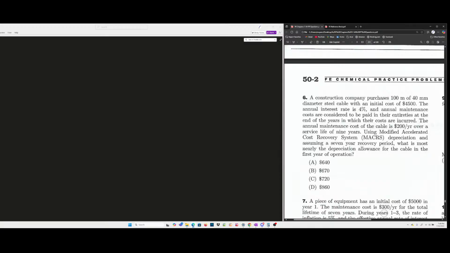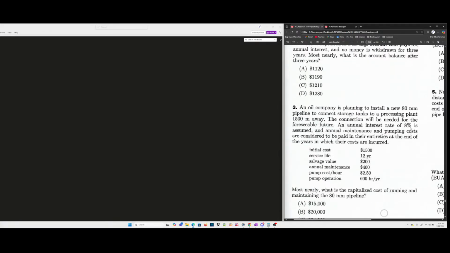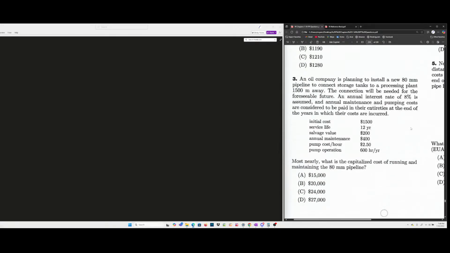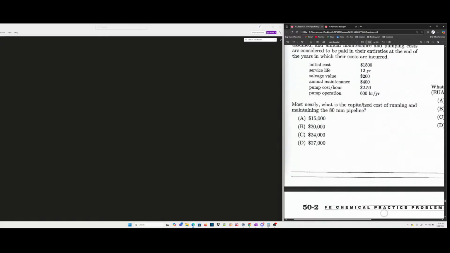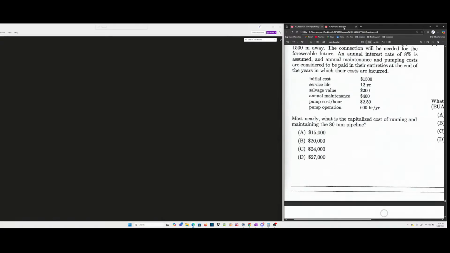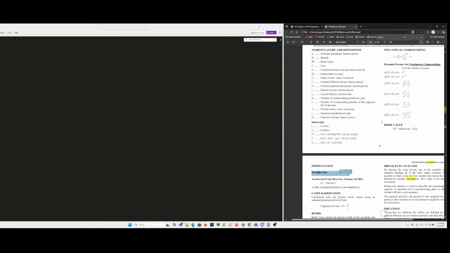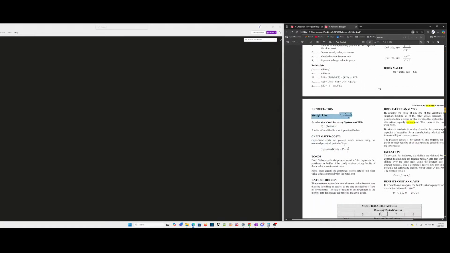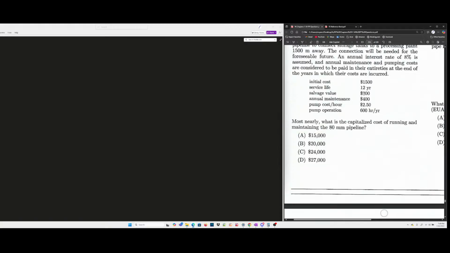This time, let me see the question. I'm just looking at question 3 again. This was the capitalized cost problem, where we had to use the formula for capitalized cost again.